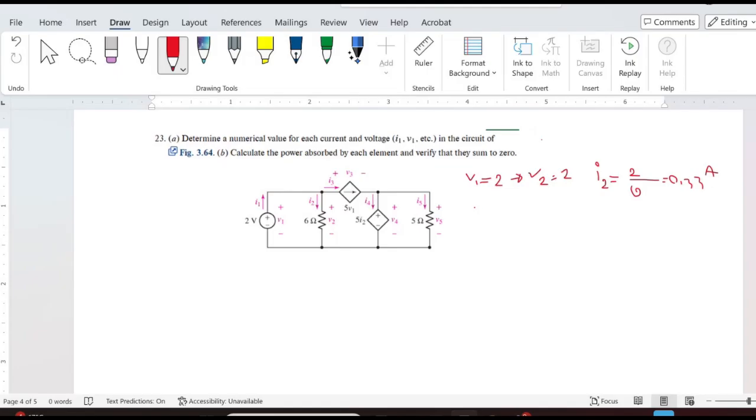So I can write down I3 equals 3 multiplied by the value of V1, which is 2. Sorry, my bad. This is 5 times, so it should be 5 times 2. It's going to be 10 amps.